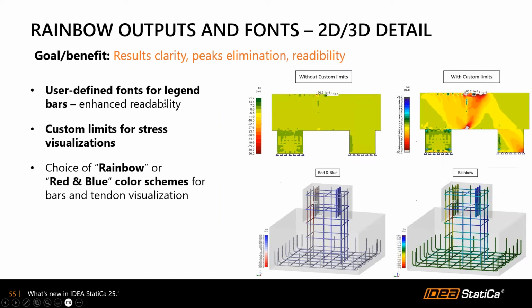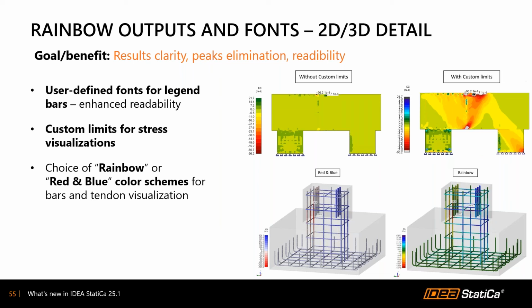What about the outputs? We have improved the outputs a lot, because as you can imagine, if you are designing the anchoring, there can be a lot of reinforcement inside, and sometimes there is really an outnumbered layer of reinforcement, and you need to know where the maximal stress is.